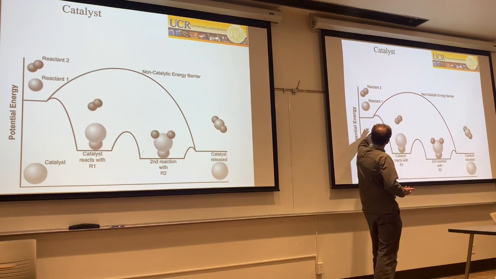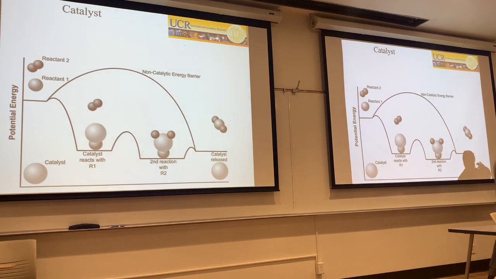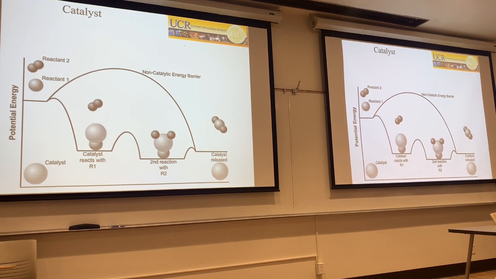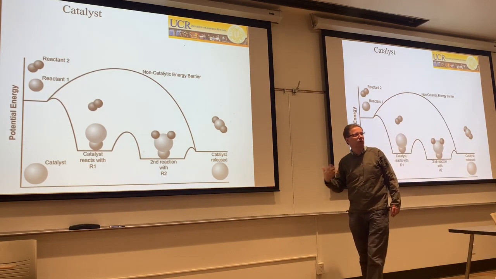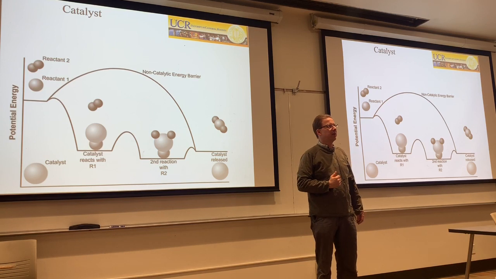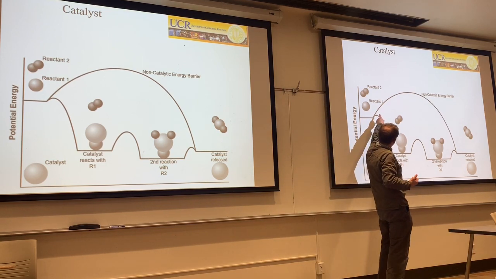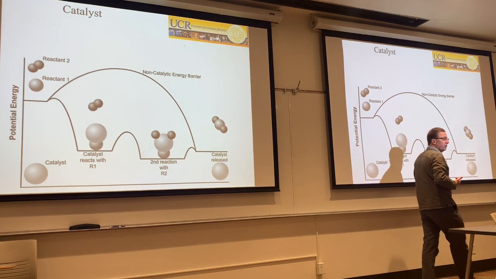So even if each one of these barriers here is 90% of the total barrier, we have 3 times 90% of the total barrier, that can still be faster than overcoming the whole barrier, which is 100%, just because of this exponential dependence of k on the barrier. So you only need to be a little bit lower in barrier than the original reaction, and the catalyst will be effective.